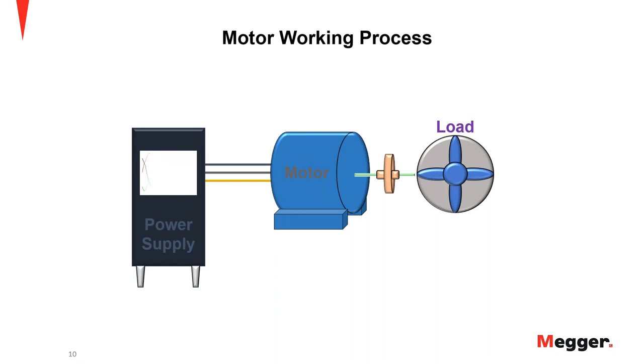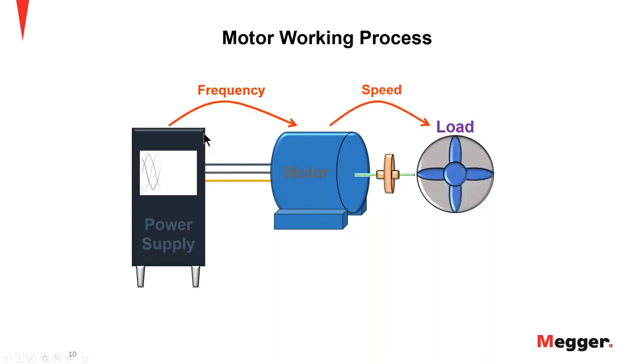So the supplied voltage is going to be fed through the three-phase leads on the motor stator winding, as you see here. So based on the stator winding design, the rotating magnetic field is created. The speed of this rotating magnetic field is directly proportional to the number of poles created by the winding.